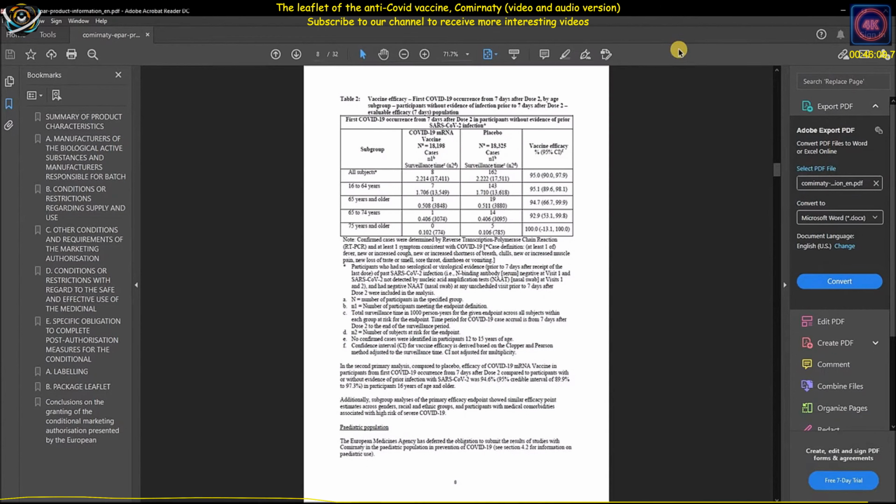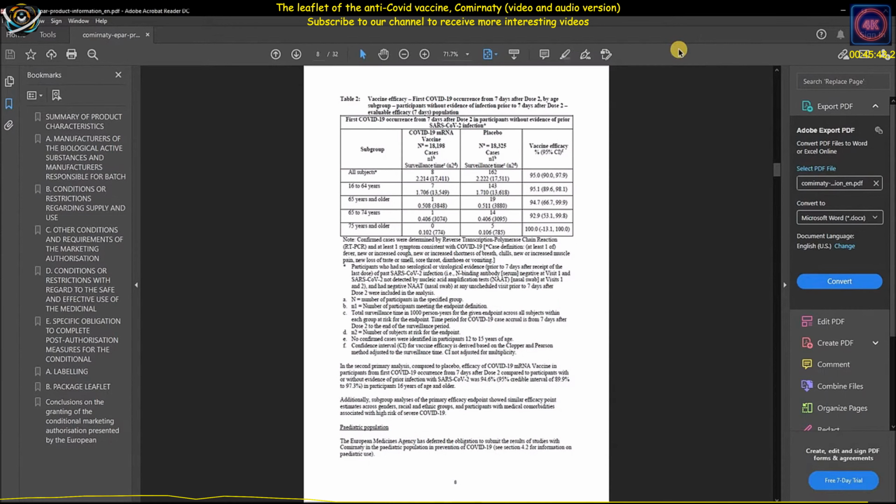Table 2, Vaccine efficacy. First COVID-19 occurrence from 7 days after dose 2, by age subgroup. Participants without evidence of infection prior to 7 days after dose 2. Evaluable efficacy, 7 days, population. First COVID-19 occurrence from 7 days after dose 2 in participants without evidence of prior SARS-CoV-2 infection. Subgroup.